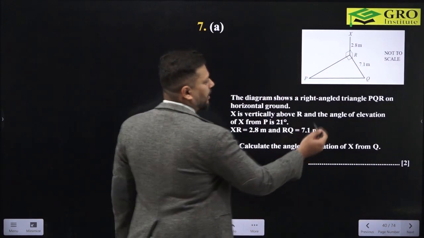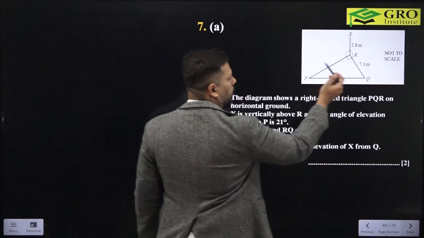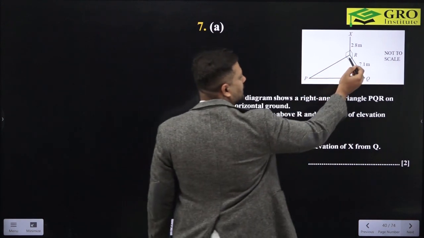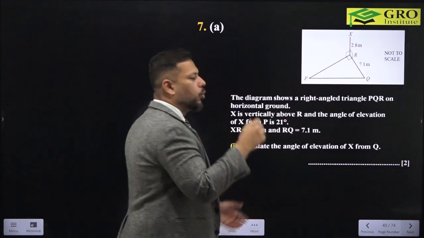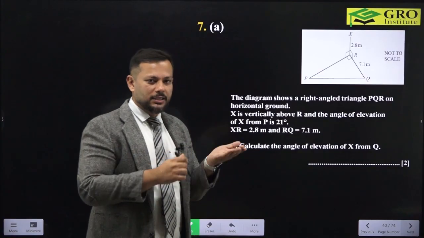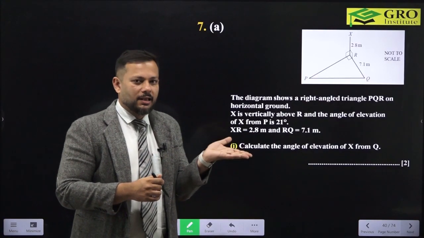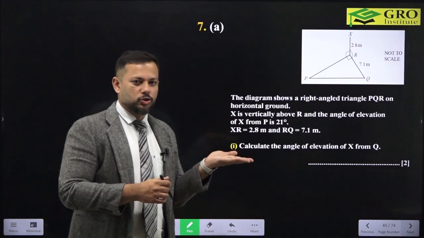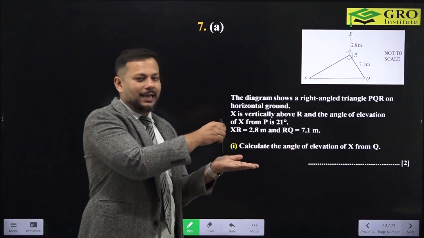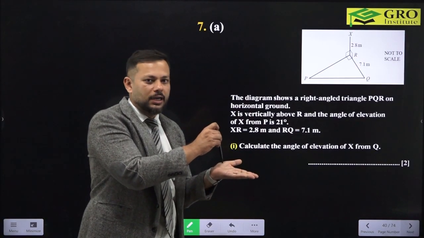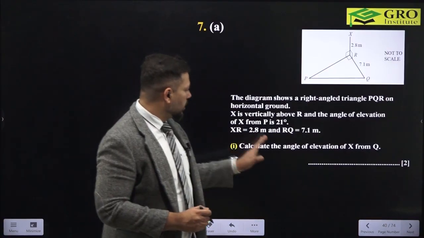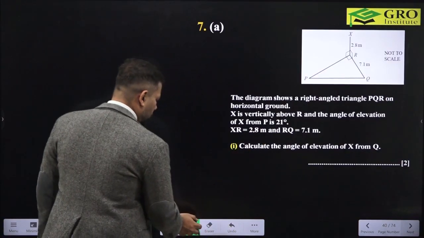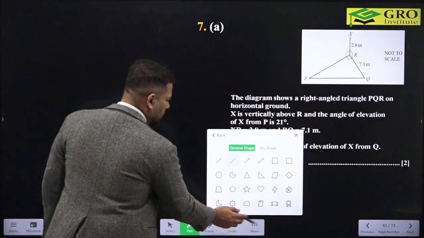We have this triangle PRQ on horizontal ground, whereas this RX or XR is vertically placed over it. Just think of it as a triangle kept horizontally on the ground, and this is XR vertical to it, right? This is what it looks like. So here, let us first draw a few very important things.